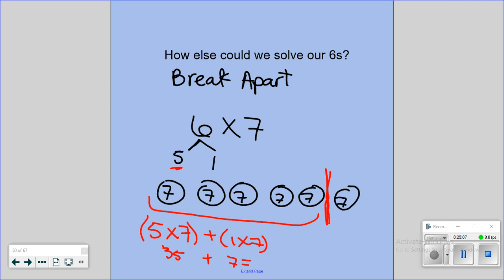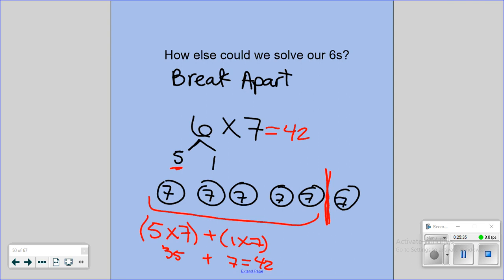What is 35 plus 7? Elena? 42. Was that way easier than a normal? Yeah. Could you imagine if you had to count all of those sevens? It would probably take the whole school day. 6 times 7 is 42.